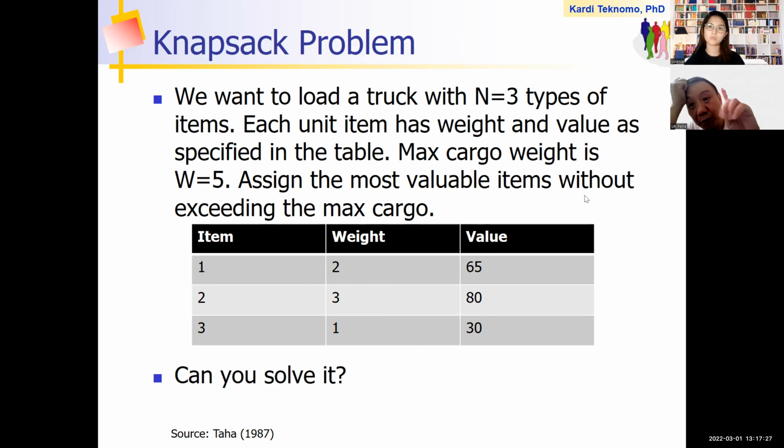And then one more input. What is the next important input there? Limitation. Correct. The limitation, that is the maximum cargo weight here, is the capacity of the knapsack. So you want to go to the mountain, remember the story. You want to bring certain items that are valuable to you.